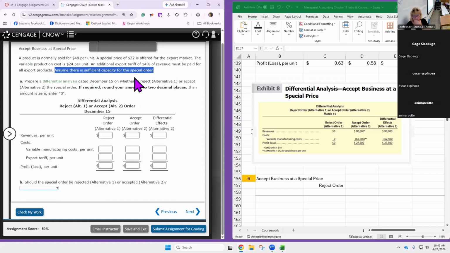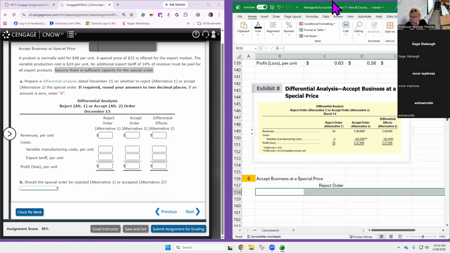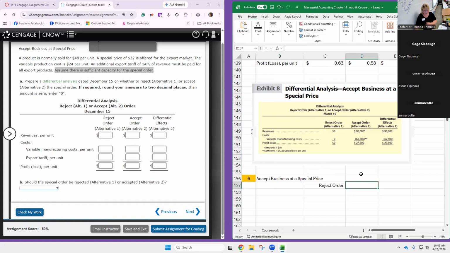So anyway, we're going to either reject it or accept it, and I'll walk you through this. And then the differential effects. I do like how they do this in this book. I've seen it done quite a bit differently, and it seems like it's a lot more straightforward. So that's a good thing.